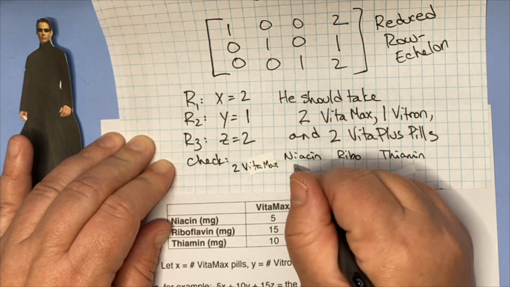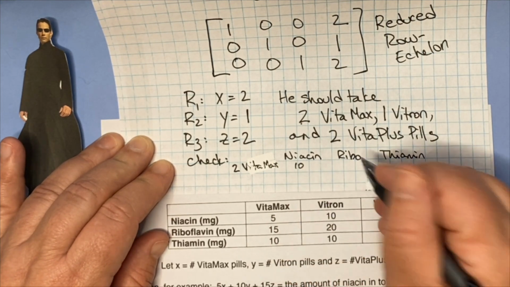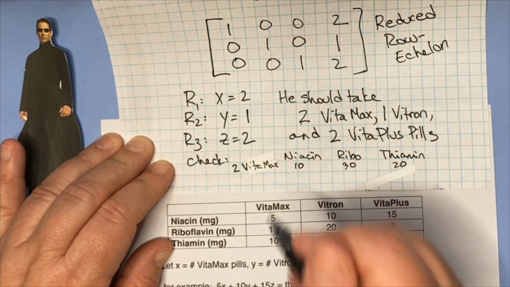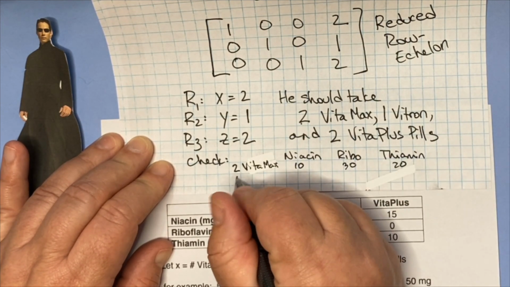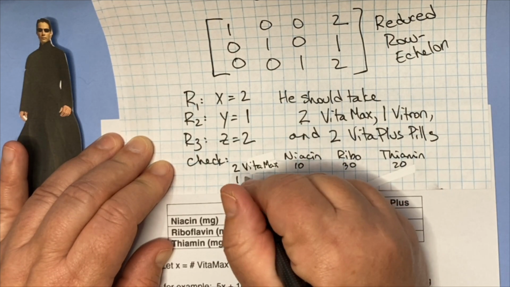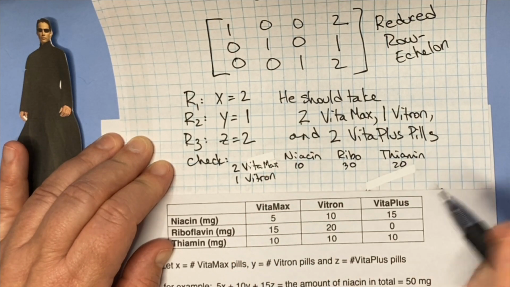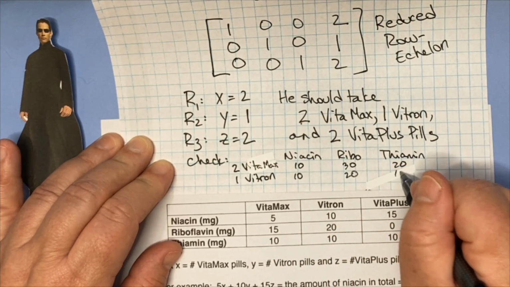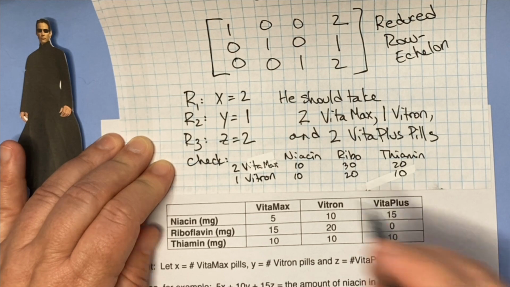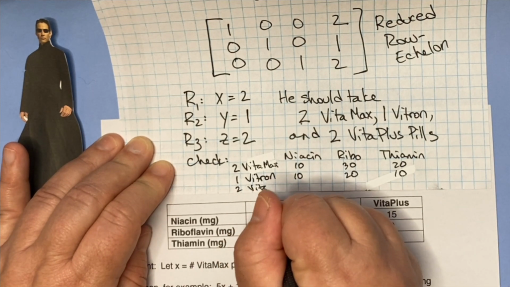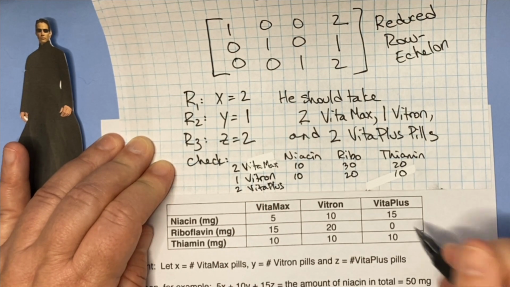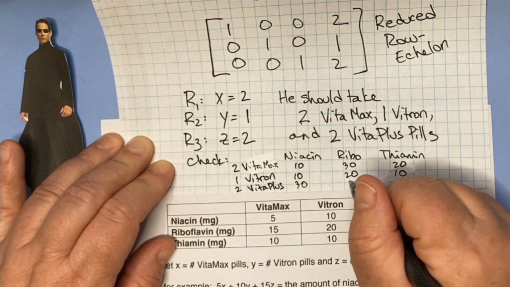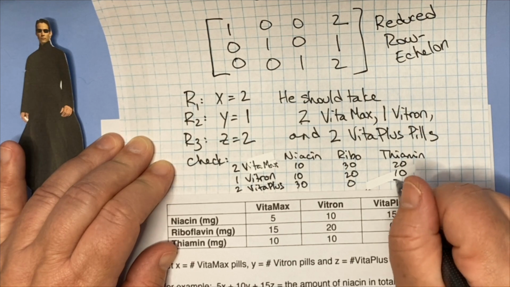So that's going to give us 10 of niacin. It's going to give us 30 of riboflavin. And it's going to give us 20 of thiamine. And then we're going to take 1 of the Vitrons, and that's going to give us 10, 20, and 10. And then we're going to take 2 Vita Plus, and that's going to give us 30, 0, and 20.